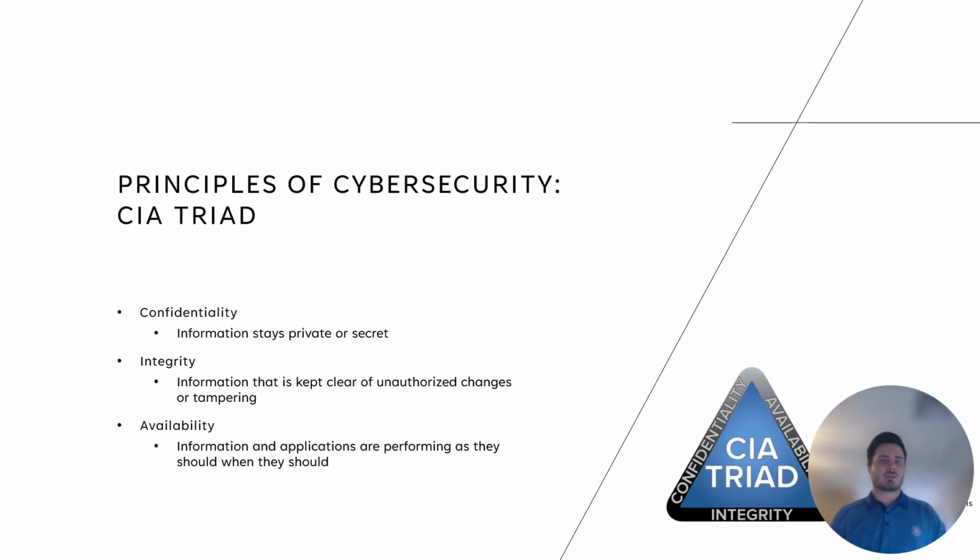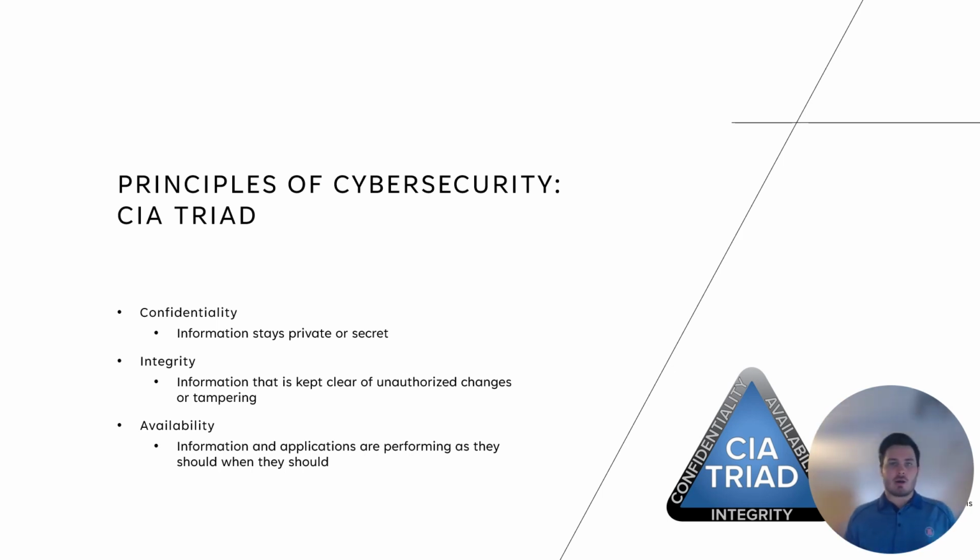So let's start off by talking about some of the core foundational principles of overall cybersecurity. That would be the CIA triad: the confidentiality, integrity, and availability of all the information. It's the foundation which cybersecurity is built upon. These principles focus on the security of the information and overall data. Confidentiality refers to information staying private or secret.